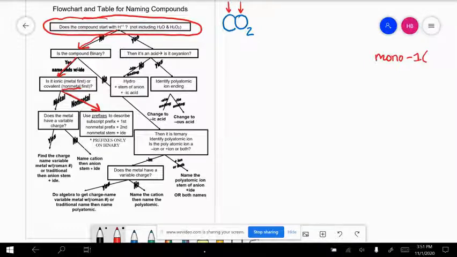And then if it doesn't say this already, you need to write this: not on first. What that means is mono indicates you have one atom, but we don't use that on the first compound. The other prefixes we do use on the first compound. Mono we use on the second compound.